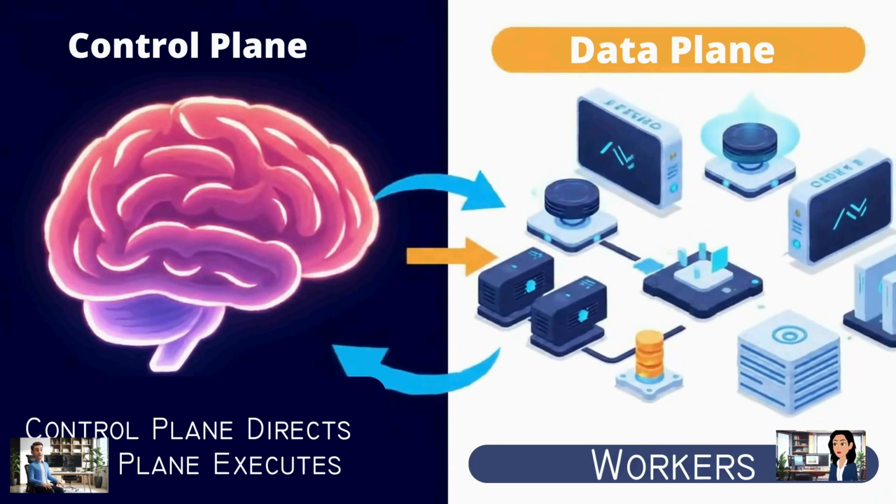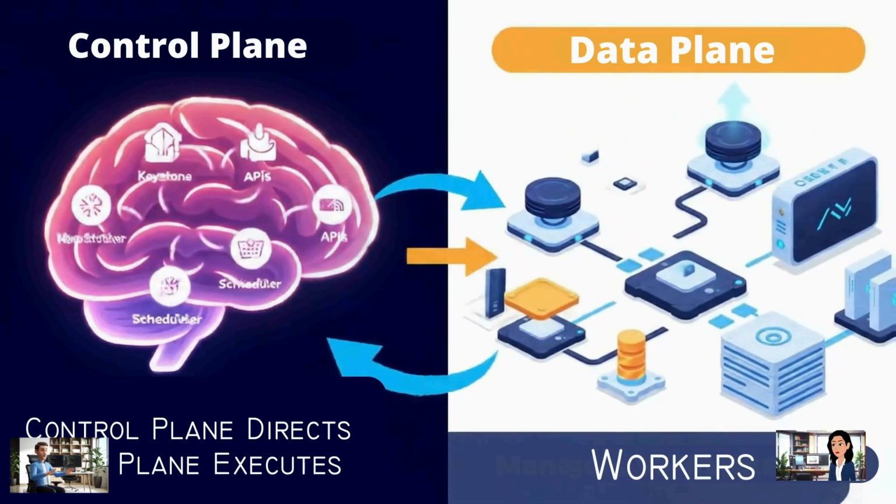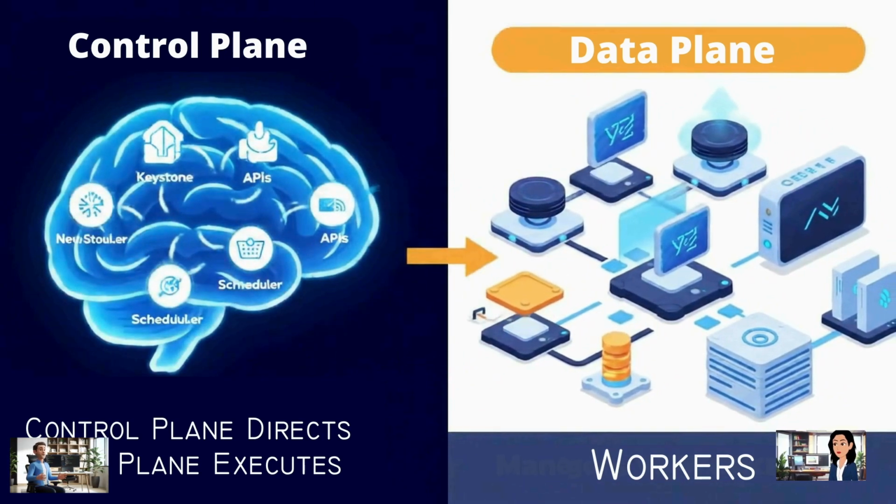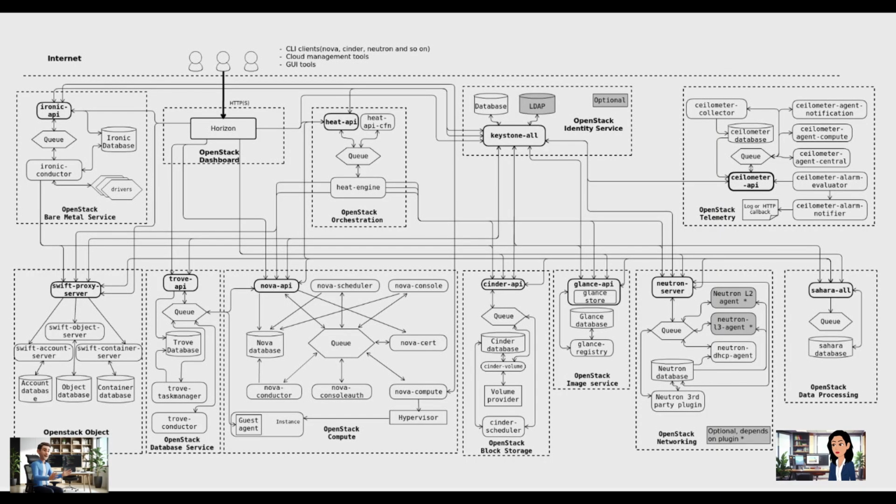Then the data plane must be... The workers, exactly. The data plane is where your actual applications run, where your virtual machines live, where your data is stored and moved around. The actual cloud resources. Right. So this includes the Nova compute nodes. Those are the physical servers running the hypervisor software, like KVM, that actually host your VMs. It includes the Neutron agents running on compute nodes or dedicated network nodes, and the underlying network switching fabric, like Open vSwitch, that handles the actual network traffic.